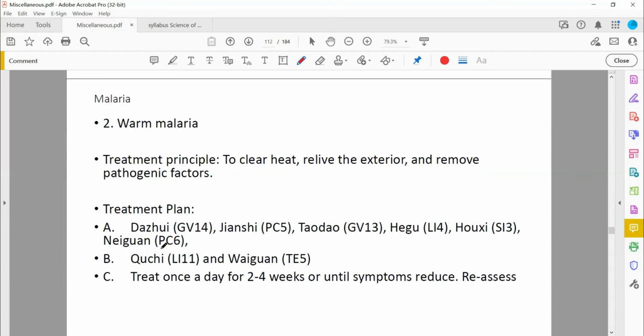Still use Neiguan, then use LI11 Quchi and Waiguan, right? These two are a kind of pair, and this one clears the heat.